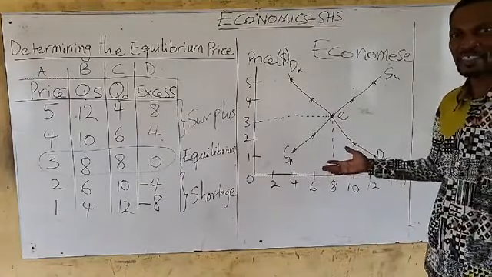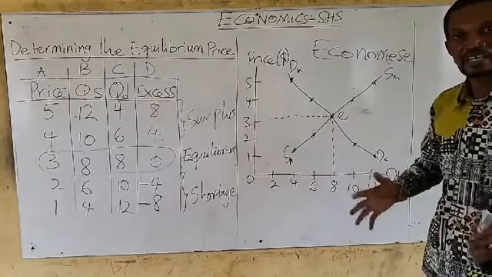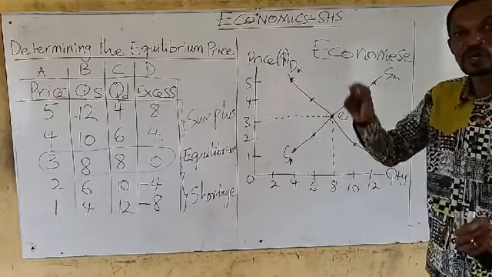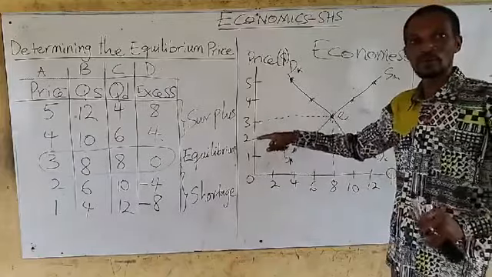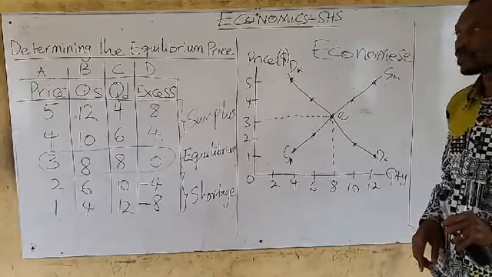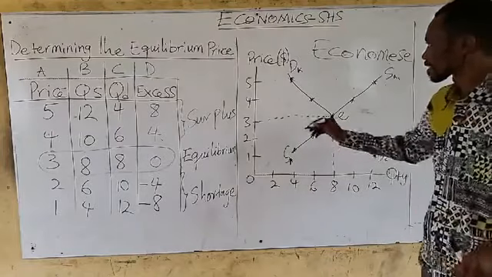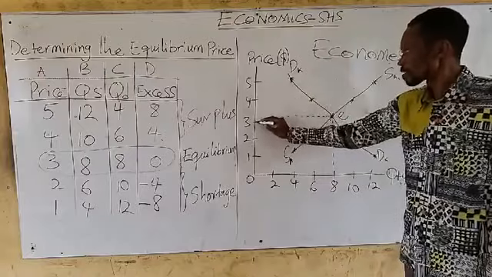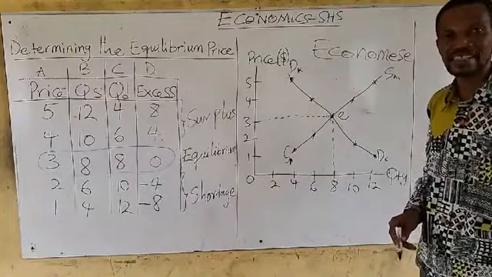So, as easy as it is, once you are able to draw your diagram very clearly and well, you should be able to get the equilibrium price and the equilibrium quantity, aka the market price and the market quantity. From the curve, you will notice that any price that is above the equilibrium price will lead to surplus on the market, excess supply.